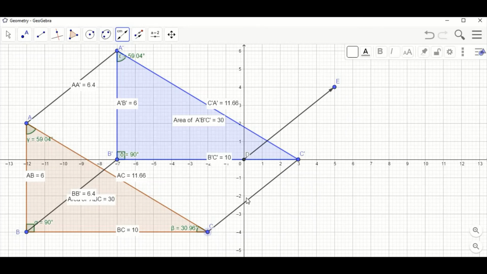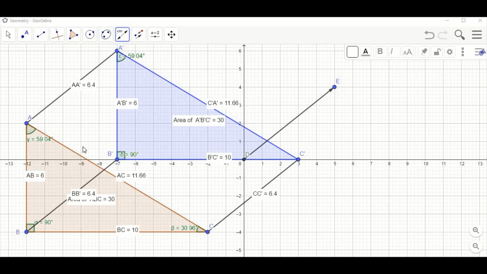And C to C prime is also 6.4 units. So by just observing this graphical representation of translation, there are a lot of properties that we can observe and we can see for ourselves. All right.